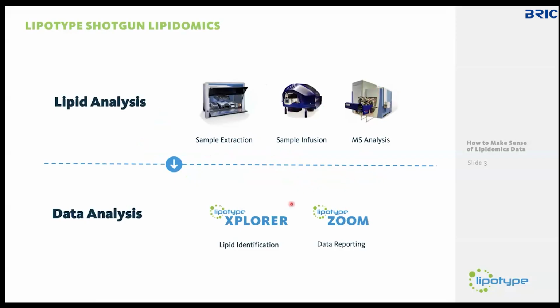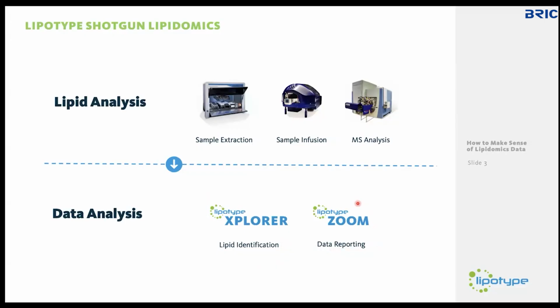Later, there is data analysis of the mass spectrometer data by the Lipotype Explorer, which turns that into values. And then you have, for example, Lipotype Zoom or other products turning that into insights.